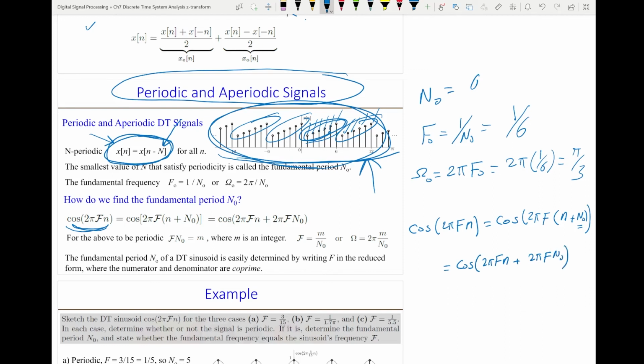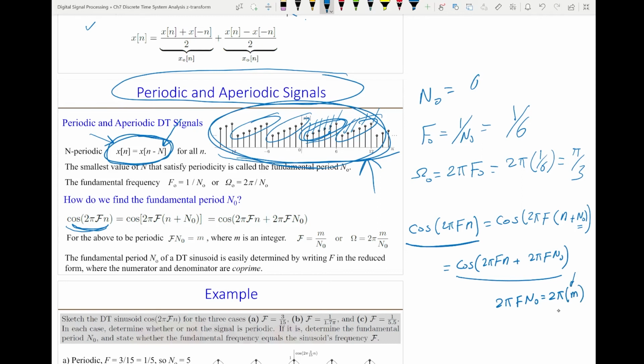Now for this to equal this, it is a must that 2 pi f n0 equals an integer multiple of 2 pi, because the signal repeats itself every 2 pi. So it has to be m, where m is an integer. It could be 1 or 2 or 3 or 0 or a million.